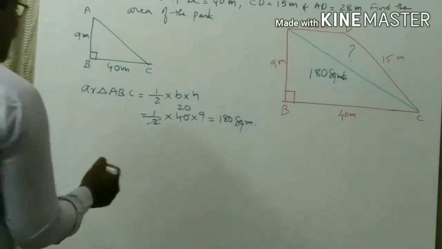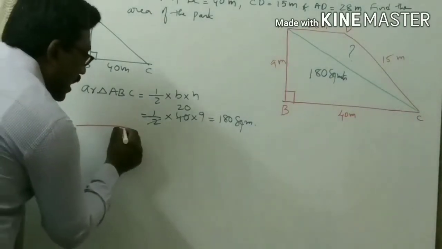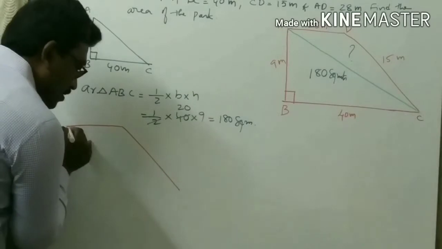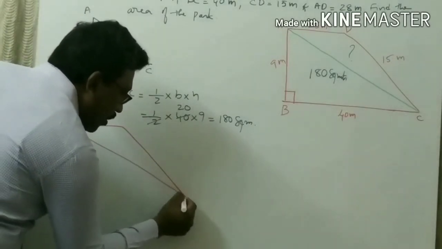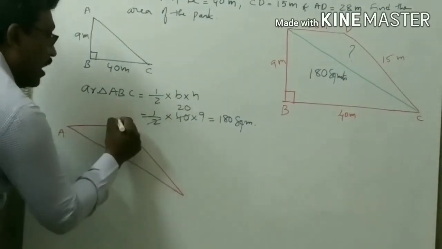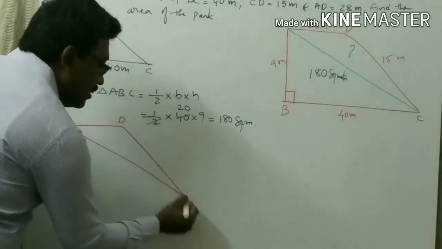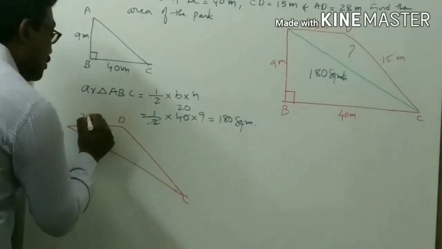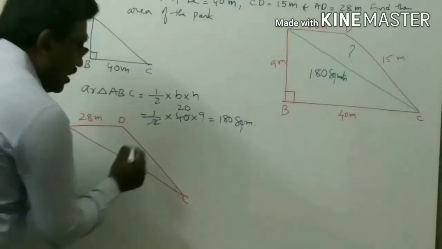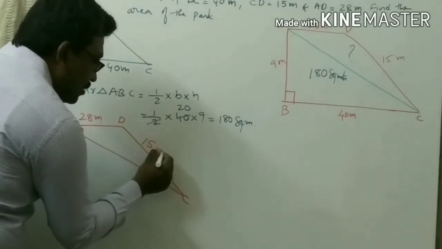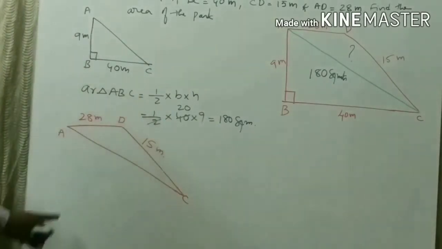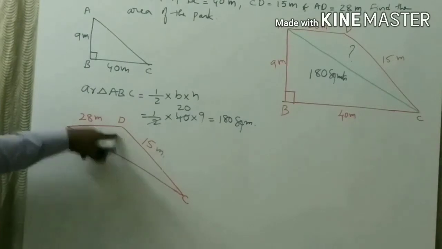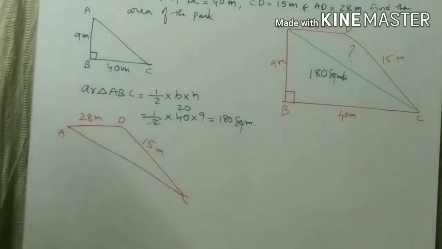Now to find that area, I am taking the triangle like this. The same pattern I followed. A, D, C. This is 28 meters, this is 15 meters. It is not 90 degrees, so we cannot write half base into height, because this is not a right angle triangle, because it is not given in the question.